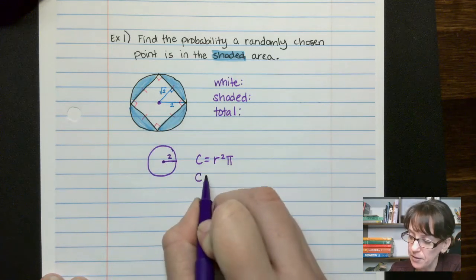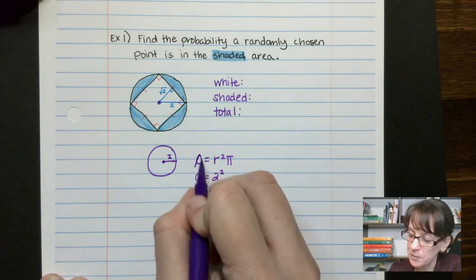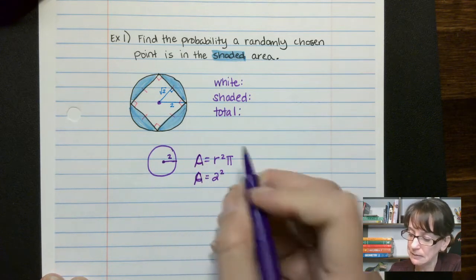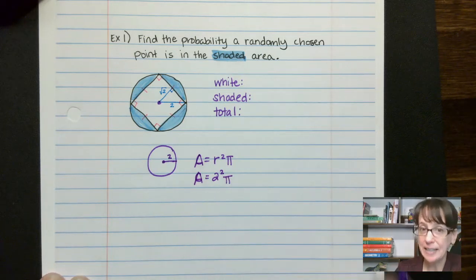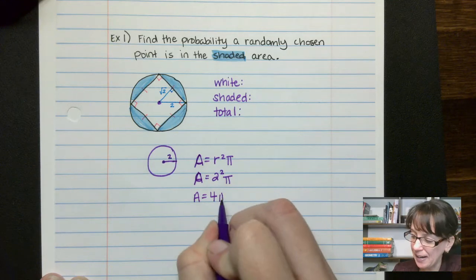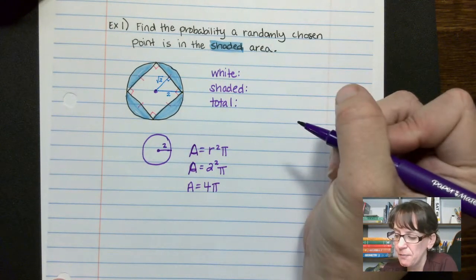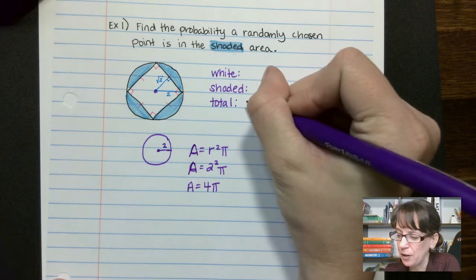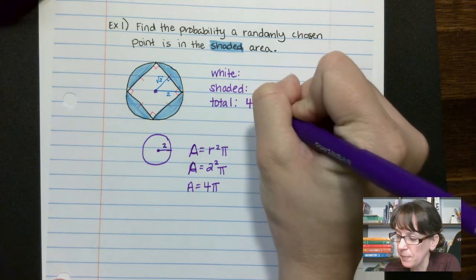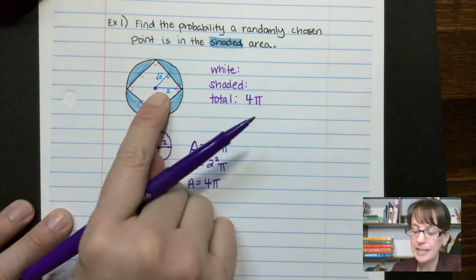I wrote circumference, but I meant area. So our area is going to be 4 pi. We'll leave it as 4 pi for right now for our total, 4 pi units squared.